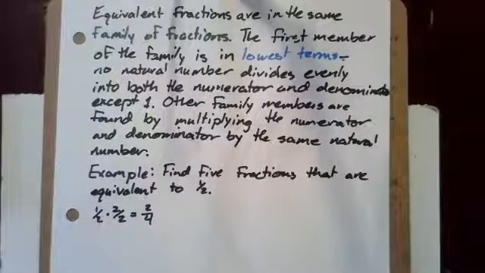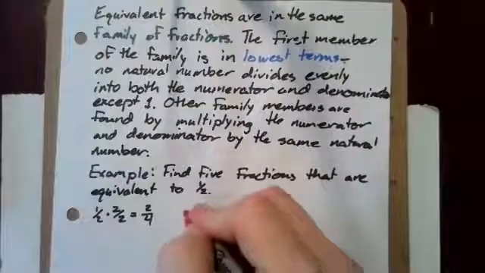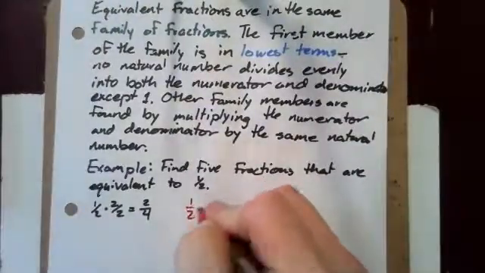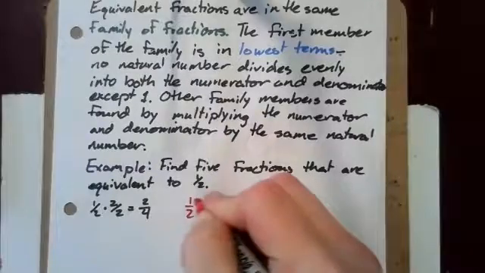I've done the first one here already. We just take 1/2 and multiply it by 2/2, which is the same as multiplying it by 1. And that's 2/4. So I can do the same by taking 1/2 and multiplying it by 3/3. Again, that's the same as multiplying it by 1.